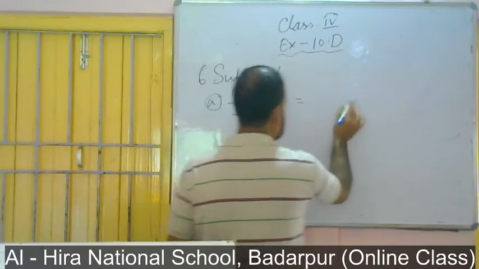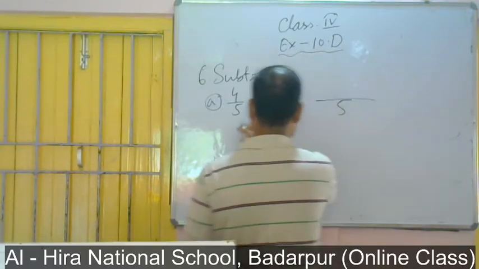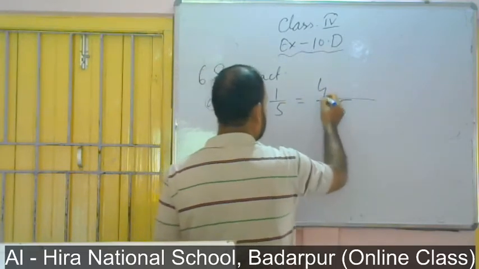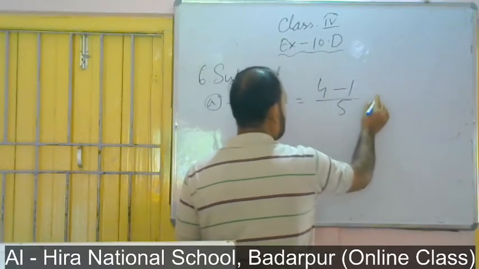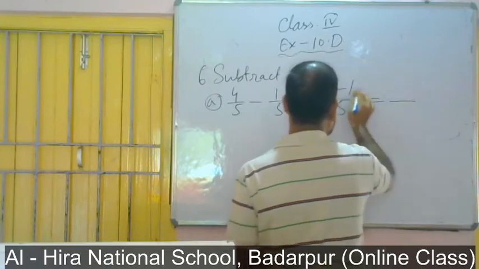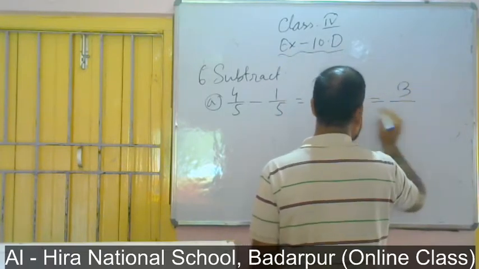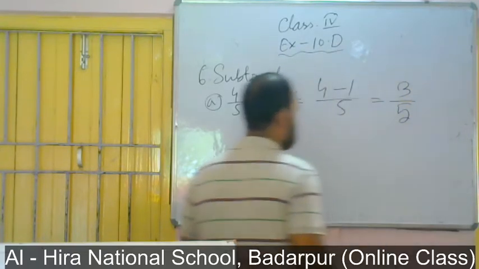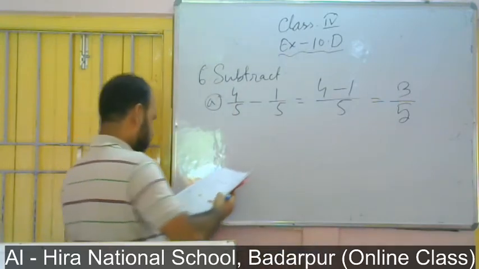So here the common denominator is 5, and 4 minus 1 is equal to 3, and the denominator is 5. Answer is 3 by 5.